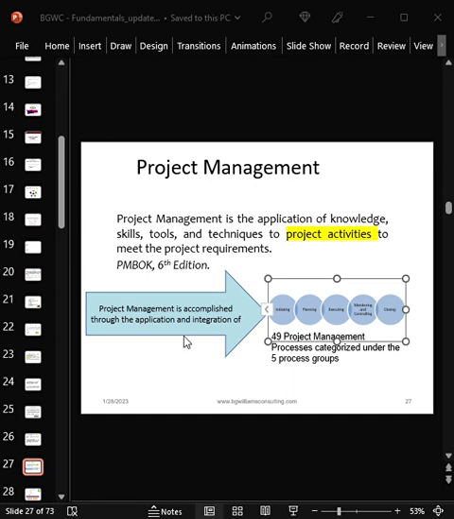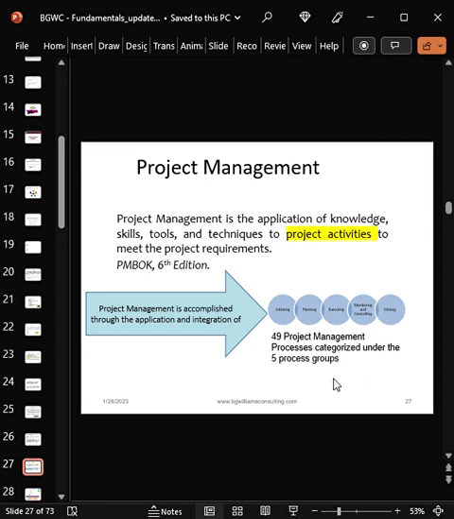Then now, if you look at the project management space, according to the PMBOK, we have about 49 project management processes, and they are categorized into 5 process groups. Don't let that scare you.